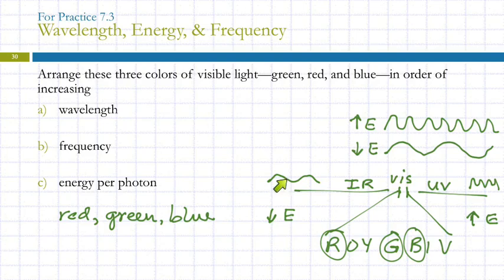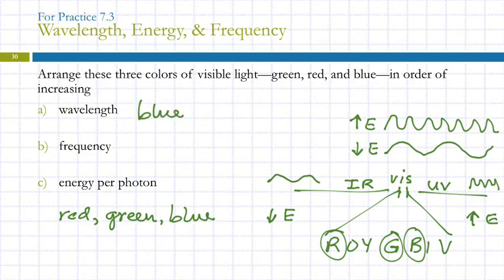So is this longer wavelength or shorter wavelength compared to this one? This is long wavelength. This is short wavelength. So in order of increasing wavelength, we want to put the one with the short wavelength first. Is it red, green, or blue? It's blue, right?